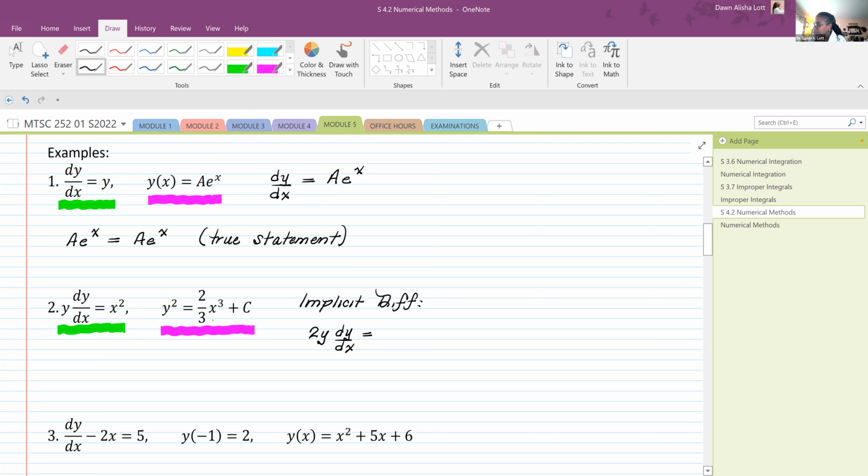And if I take the derivative of the right-hand side, I'm going to get 2x cubed. So if I divide by 2, I get y times dy dx is equal to x. Oh, sorry, that should be 2x squared.